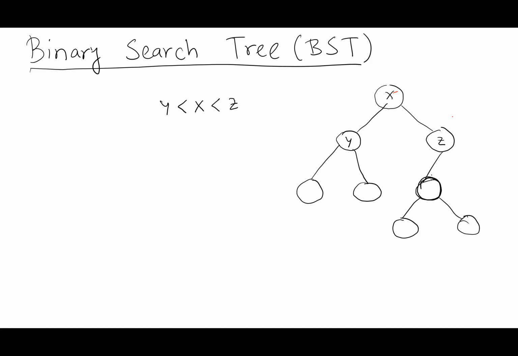That means even here, say this is A, B, C, right? Even here, A has to be greater than B, and C has to be greater than A.